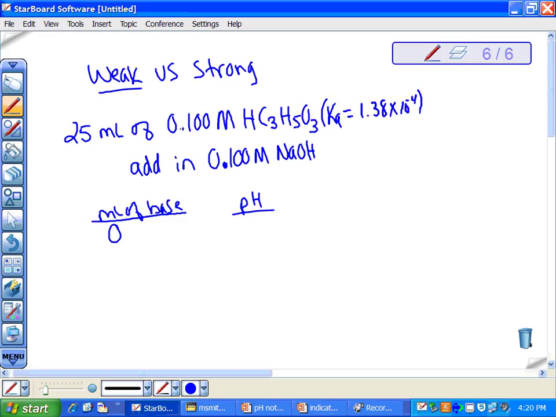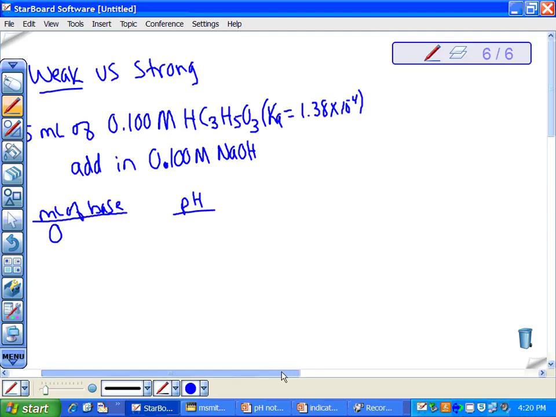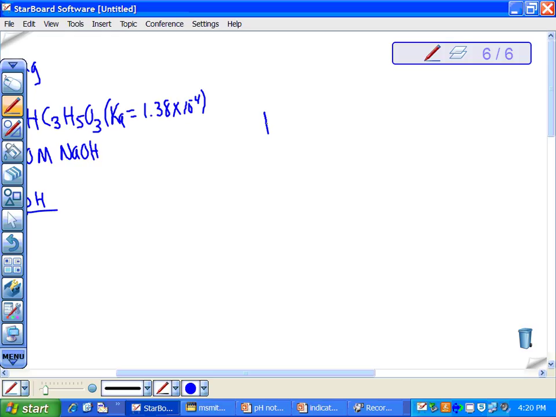So how do you find the pH of a weak acid if there's nothing else in there? Well, this is where we're going to do a RICE equation. At the 0 mark on a weak, we're going to do a RICE equation. And so we simply do a RICE by breaking down our acid. You could put it plus the hydronium if you want, or you simply could break it down.